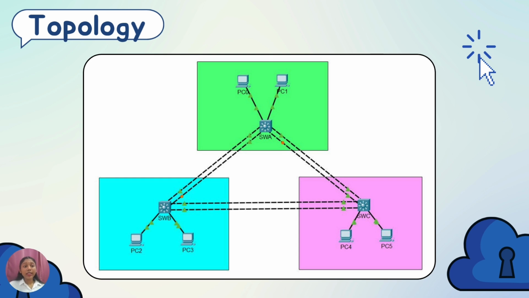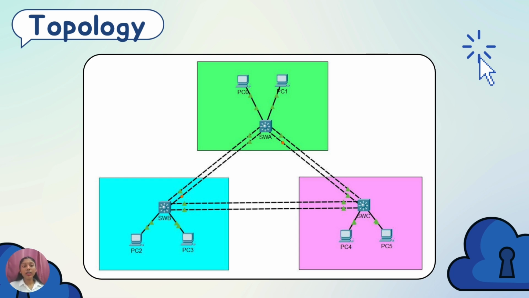Each multi-layer switch is configured to handle specific VLANs as indicated by the color pattern, which is green for SWA, blue for SWB, and pink for SWC. This segmentation divides the network into distinct areas, allowing each department or group of users to operate using its own VLAN.